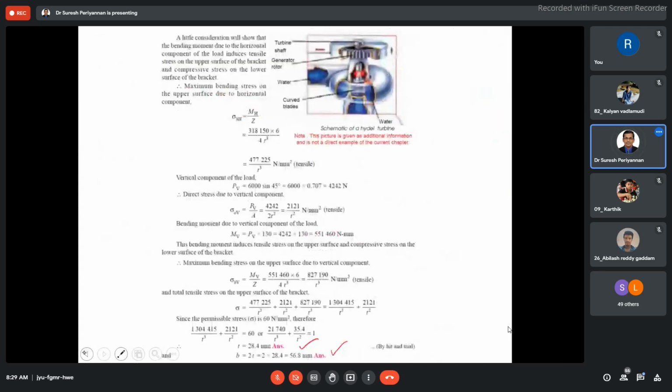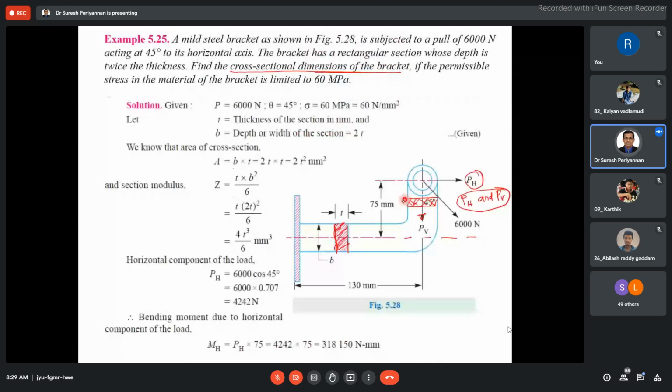Hence, if we are considering this region, then two forces are going to be considered because this is a direct compressive and direct tensile. But when we consider this region, it's totally offset from the PH value. Hence, we are considering only bending moment with respect to horizontal load.